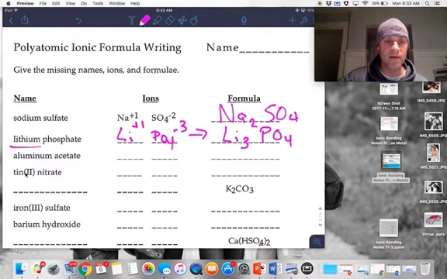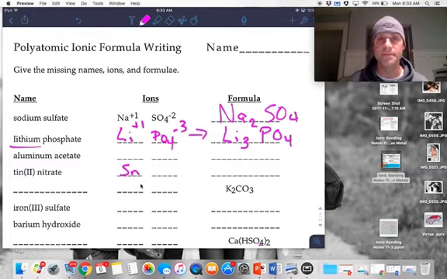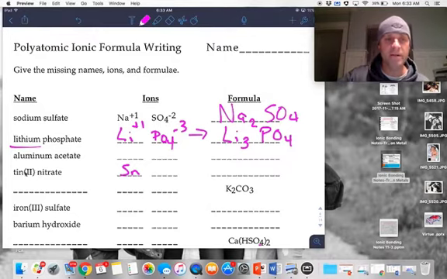But when I write here tin 2 nitrate, remember, that Roman numeral tells me the charge. So I know what the ion is. Now the symbol for tin is a weird one. I don't know why, but tin is Sn. So the charge on that is plus 2.